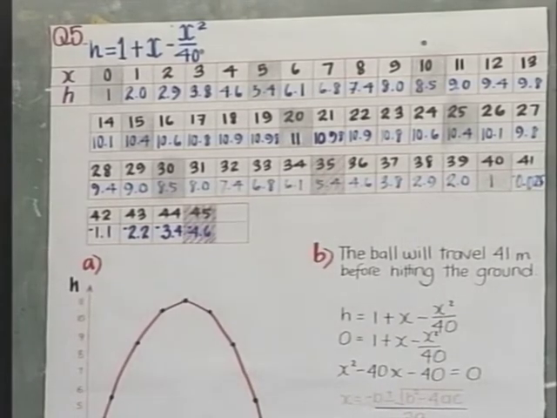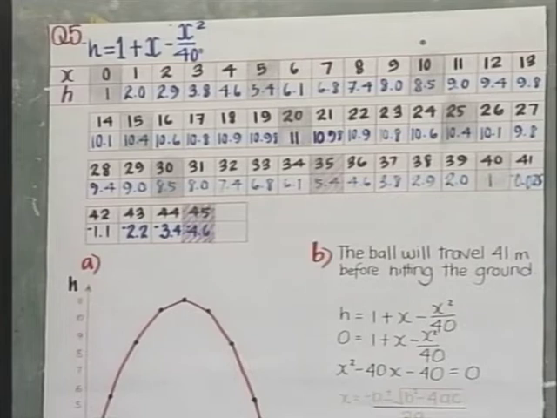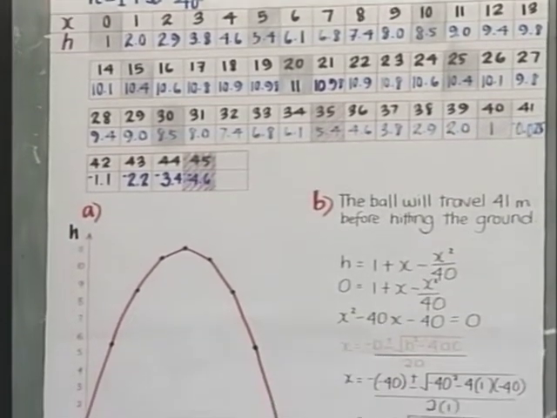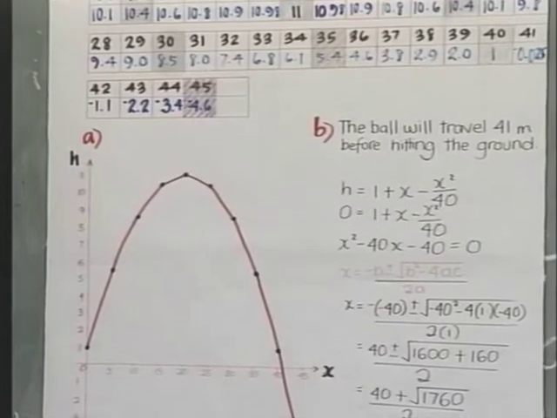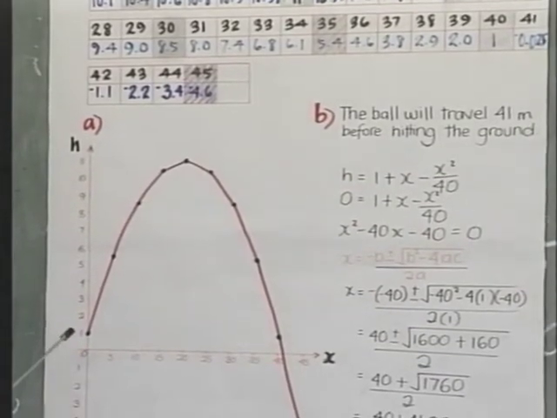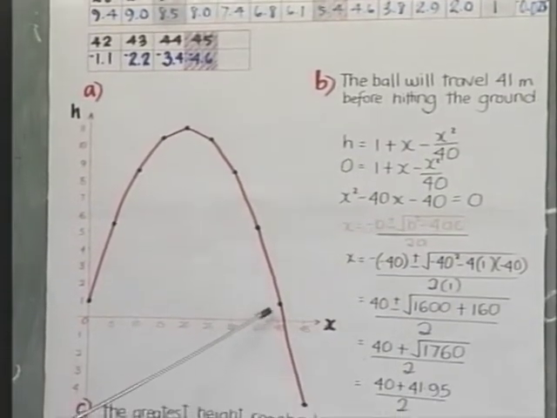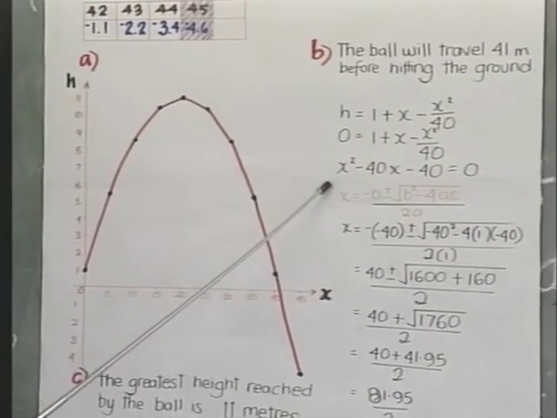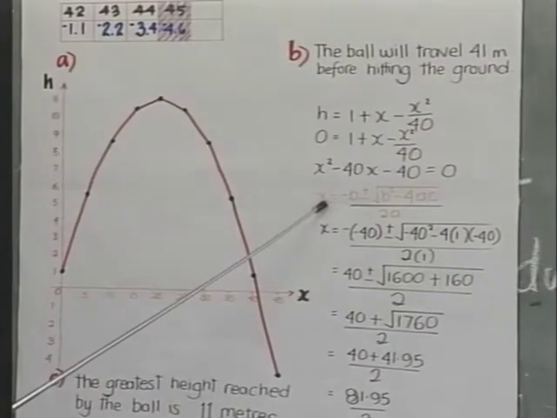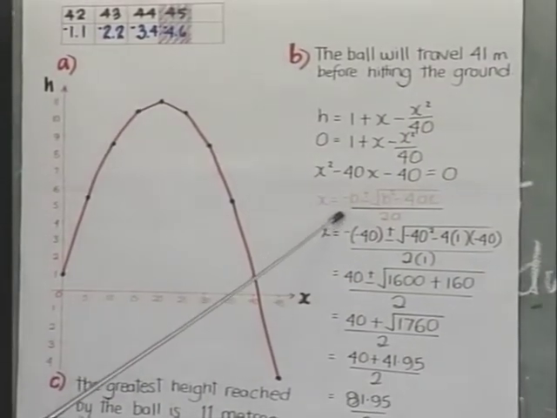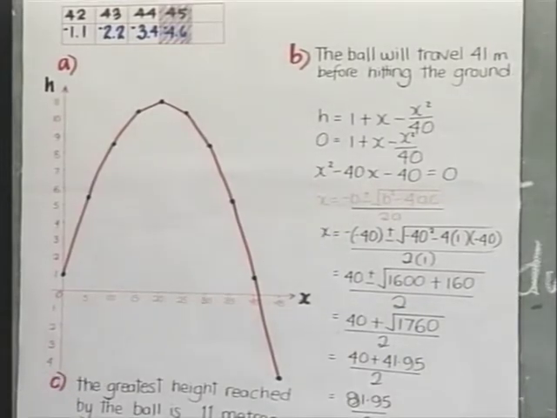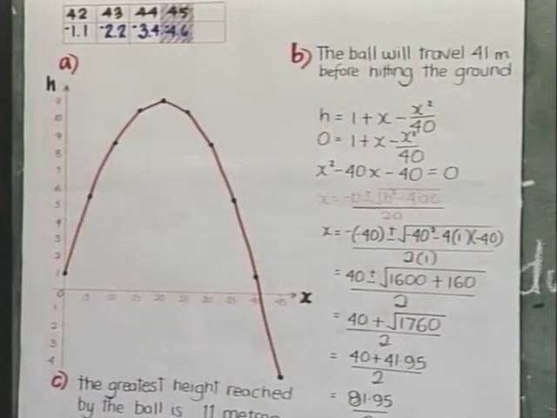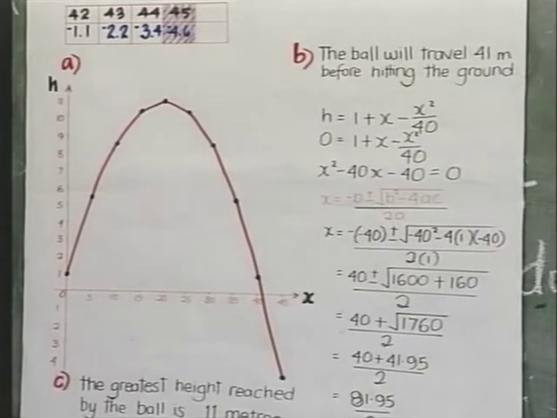Question A, how far would the ball travel before hitting the ground? The ball traveled 41 meters before hitting the ground. To prove that, we've used the quadratic formula, which is minus b plus or minus the square root of b squared minus 4ac all over 2a.